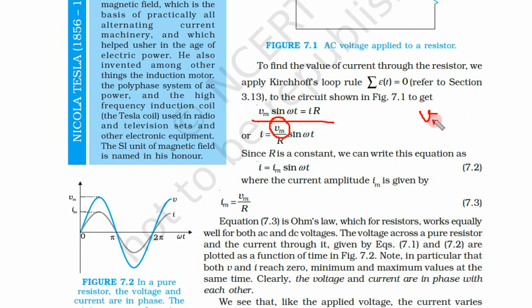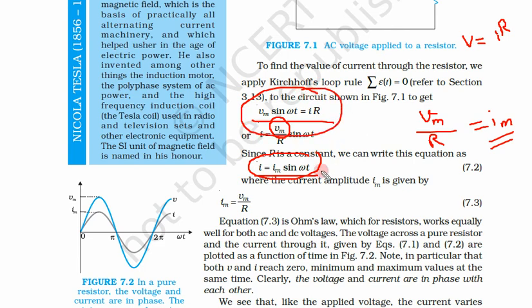So from the V is equal to IR formula, Vm upon R is equal to, let us say, Im, the maximum current in the circuit. So our new equation is I is equal to Im sin omega t, because R is a constant. The same thing happening in voltage is happening in current.